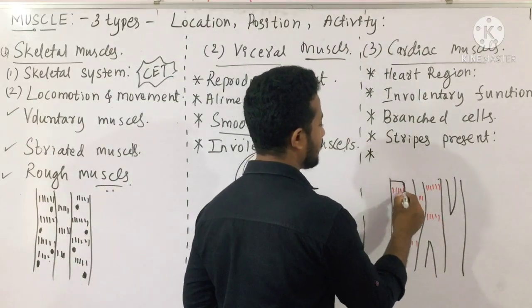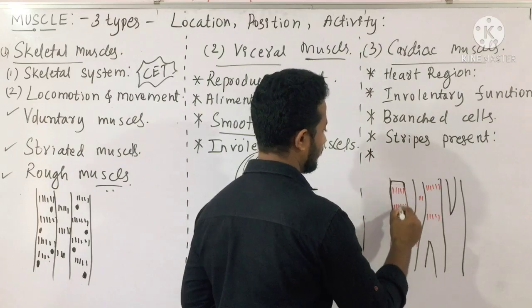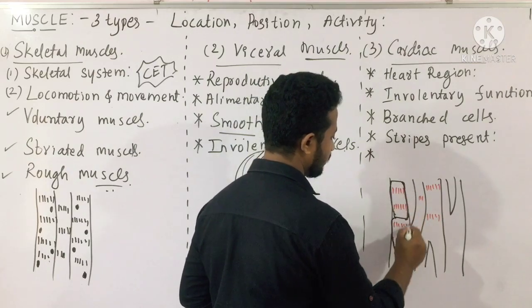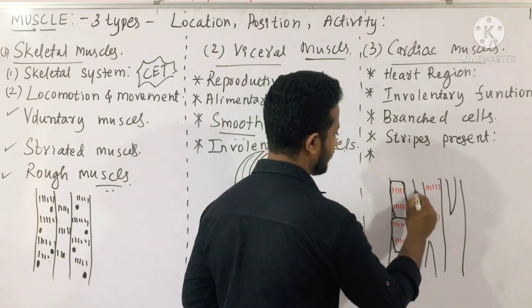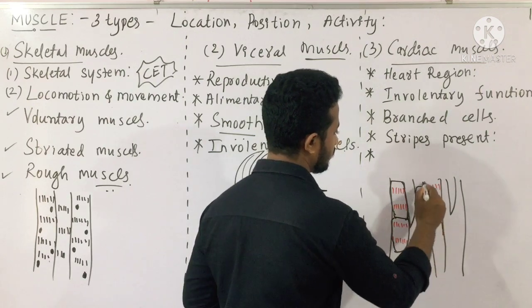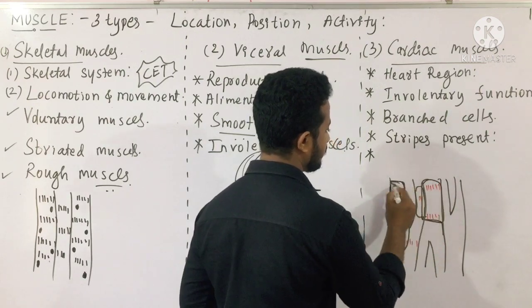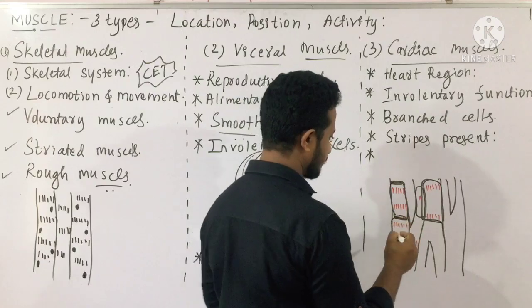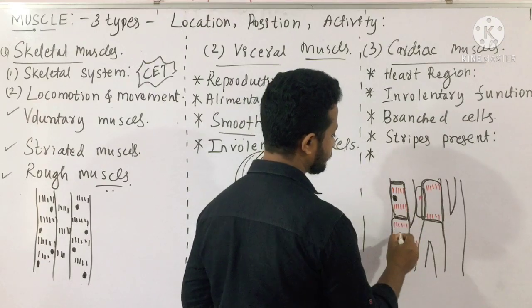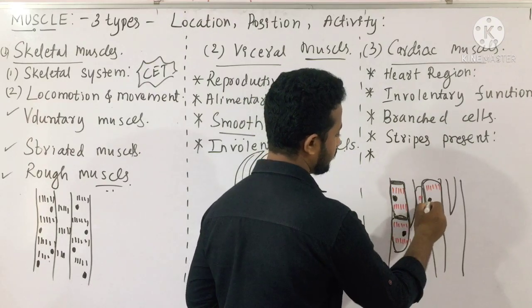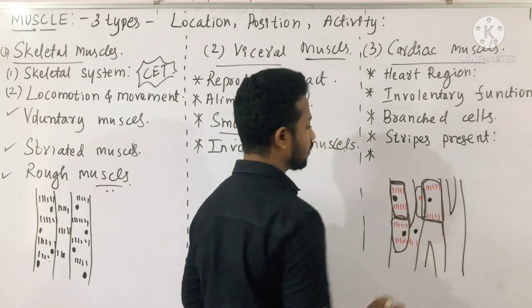Between cell and cell, we can specifically differentiate the structure of individual cells inside the heart muscle. This is one cell, this is another cell. Due to the cellular structure, a single nucleus per cell is also present.